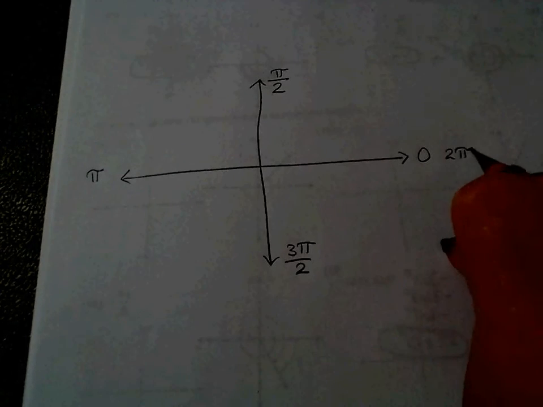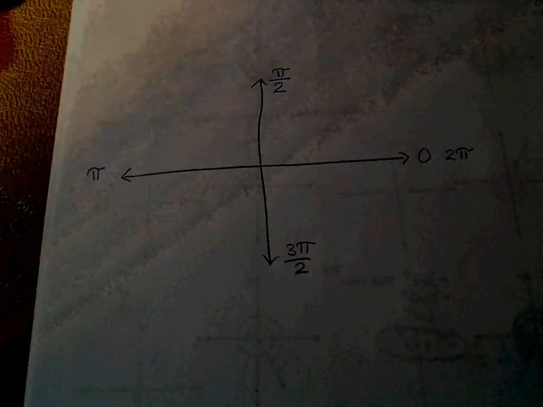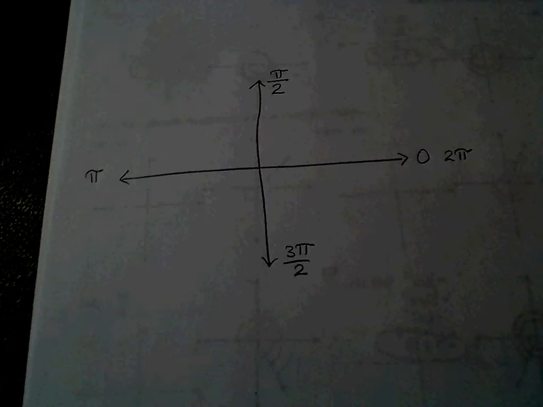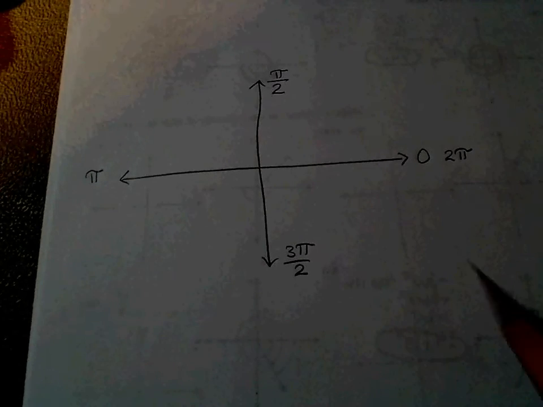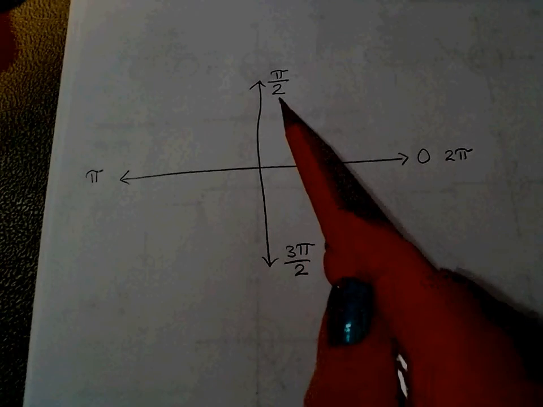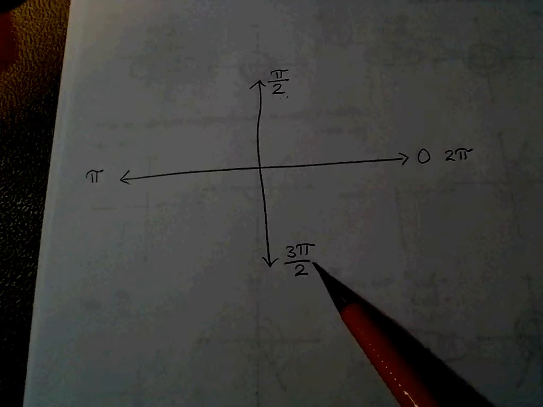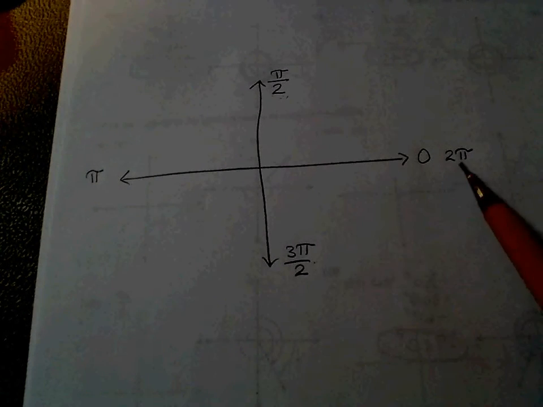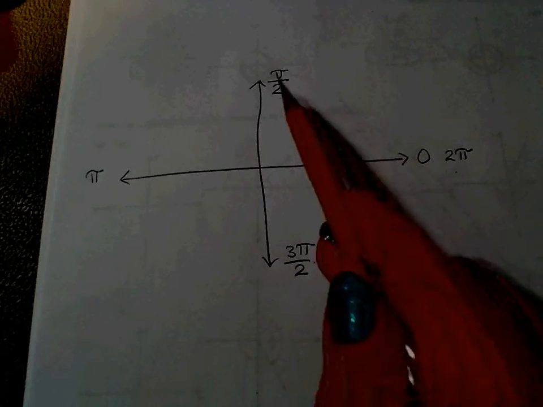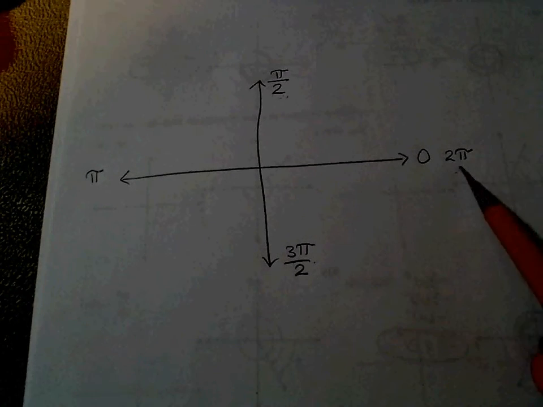And when we do the unit circle on Friday, it will be easier because you'll see all these demarcations on your unit circle. But these you need to memorize. Pi halves is 90, pi is 180, 3 pi halves is 270, 2 pi is 360. 1/2, 2/2, 3/2, 4/2, which reduces to 2.